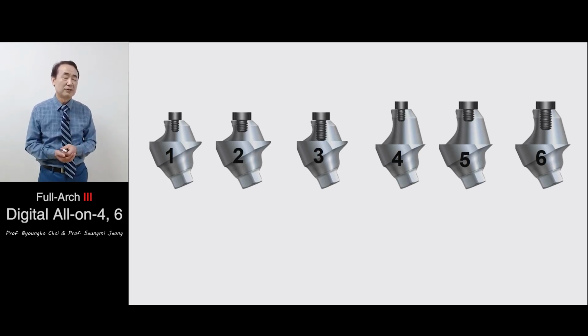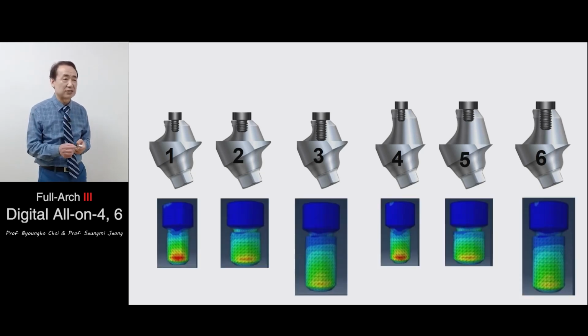Which one do you think will get the least stress on the screw? You may think that number 3 or number 6. Our results show that number 6 has the least stress on the screw. The wider and the longer the screw was, the less the stress was.